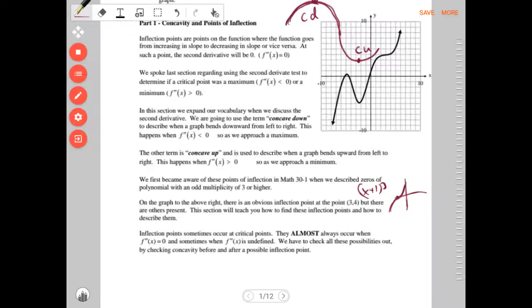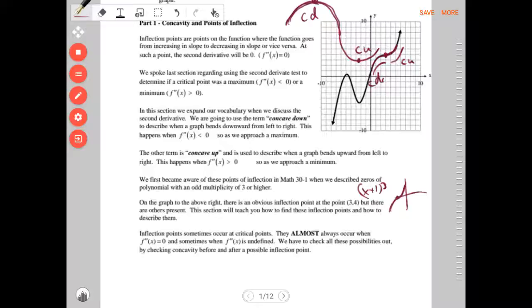On the graph to the above right, there's an obvious inflection point at 3, 4. So that's this guy, 3, 4. We're going from concave down, then switching to concave up. Concave down, concave up, CD and CU. The point where that changes is the inflection point.